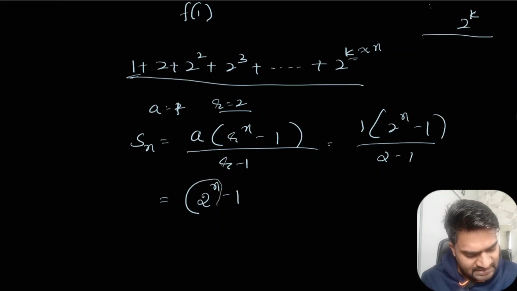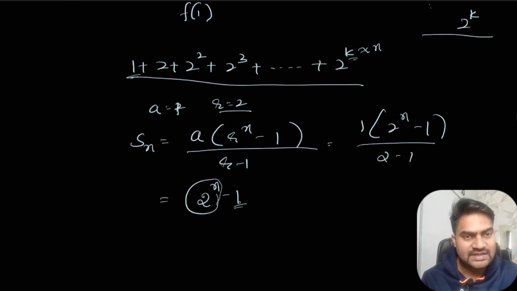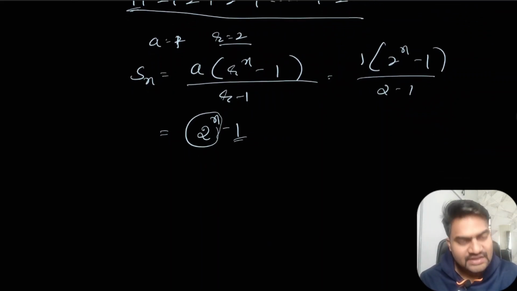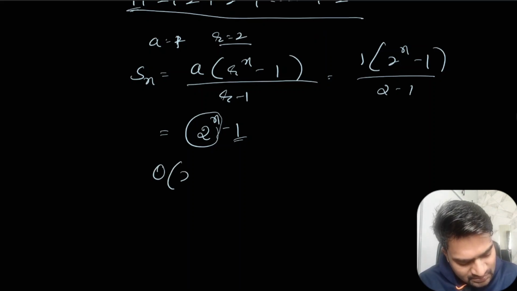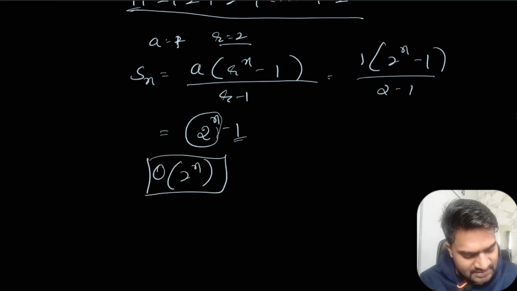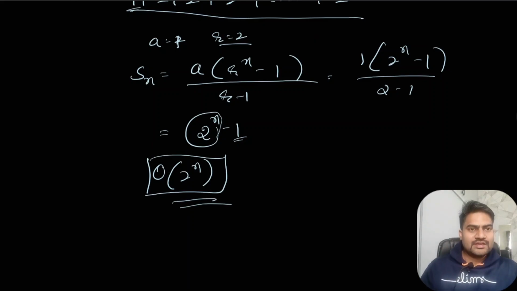So if we ignore this constant term and take this particular equation, it becomes of order 2 to the power n. So this is how we compute the order of this particular recursive equation using the recursive tree method.